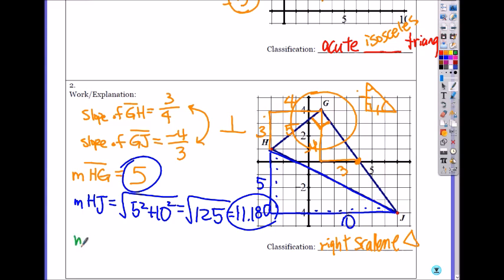So measure of side GJ is, if you look at it this way, 1, 2, 3, 4, 5, 6. 1, 2, 3, 4, 5, 6, 7, 8. Oh, do you notice anything? 6, 8, then it must be 10.